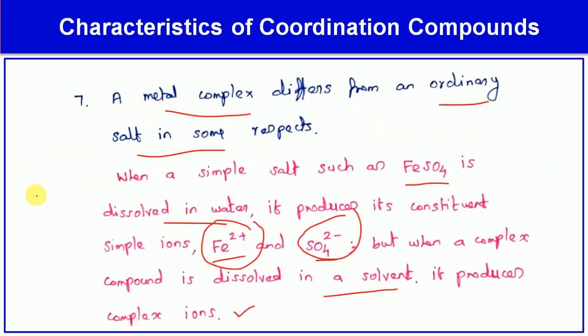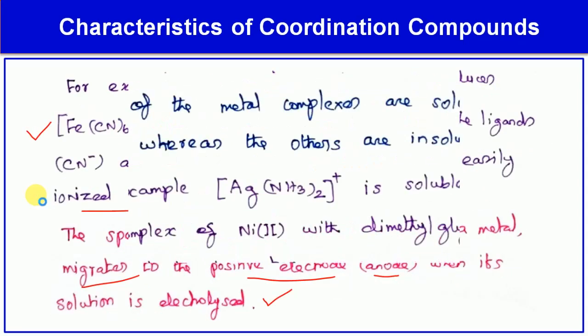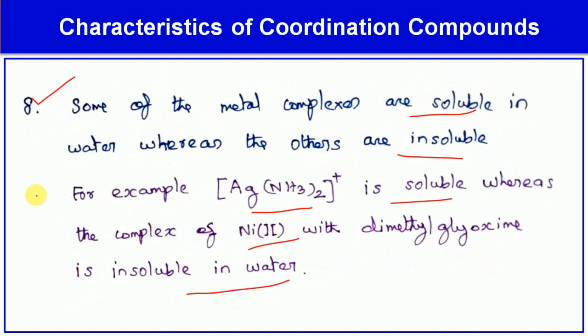Seventh, metal complexes differ from an ordinary salt in some respects. And last, some metal complexes are soluble in water whereas others are insoluble, and some are soluble in organic solvents.